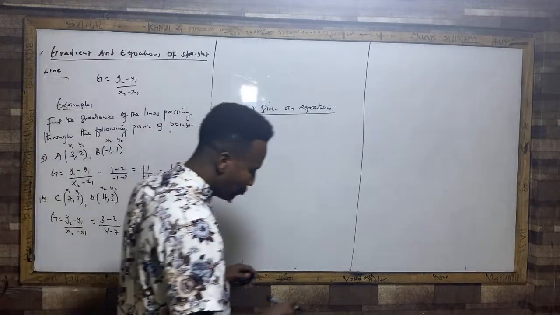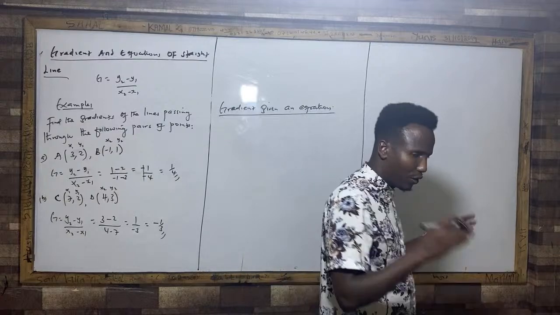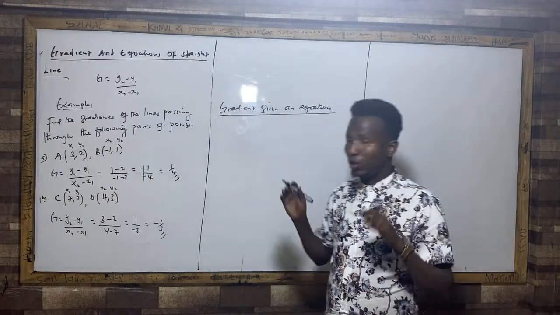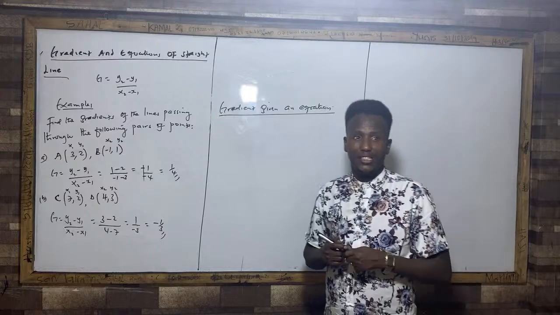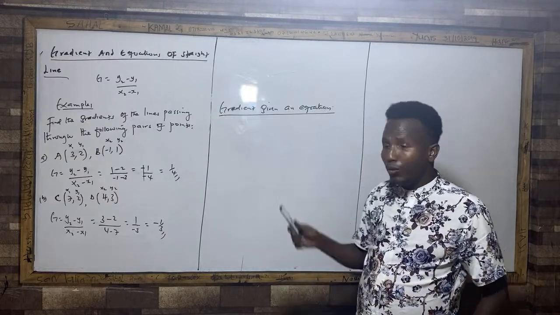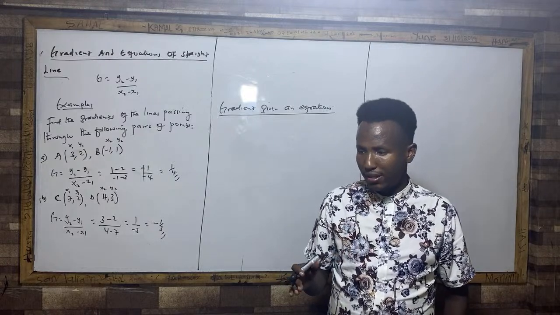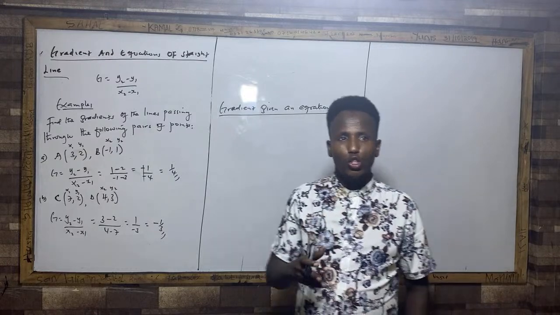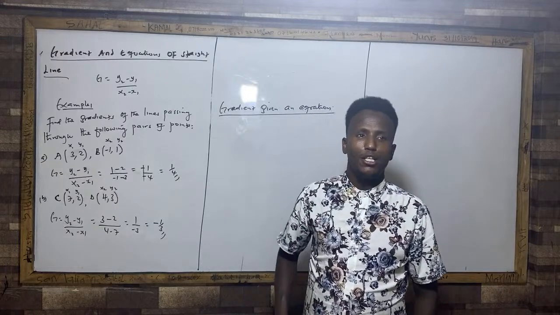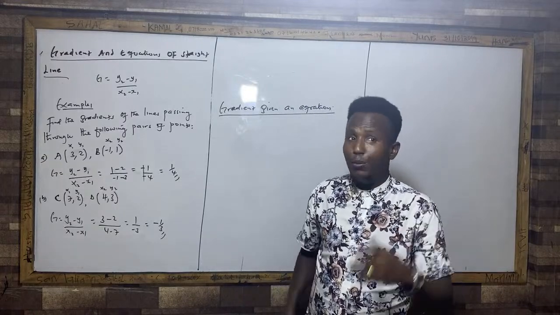If I want to get the gradient of a line whose equation is given, there's one condition: we need to write the equation in the form y is equal to mx plus c. When you write the equation in that form, your m will be the gradient.